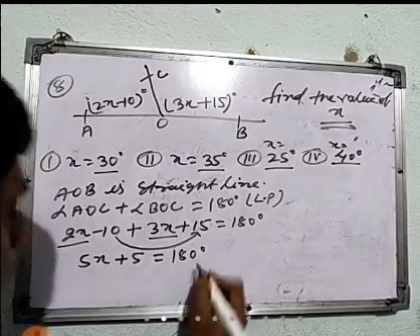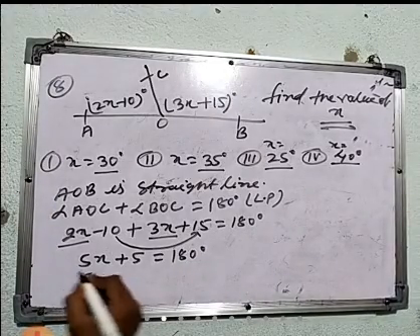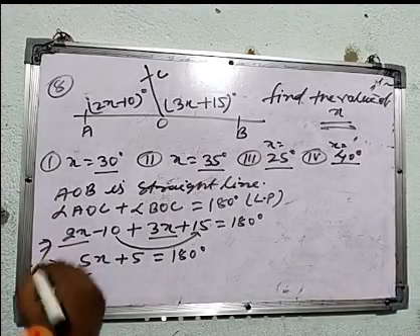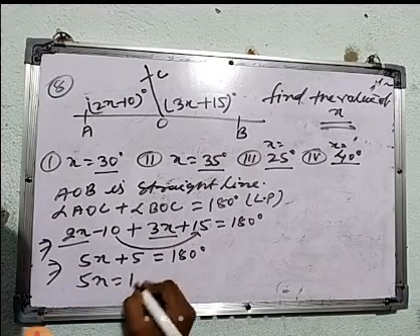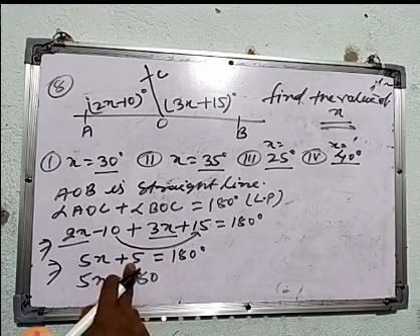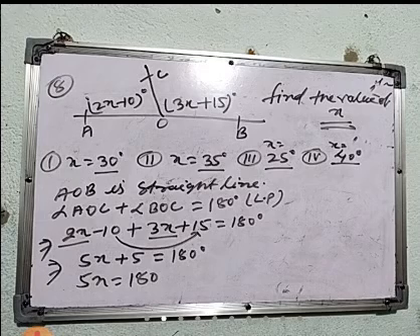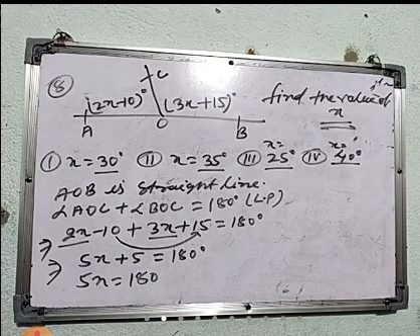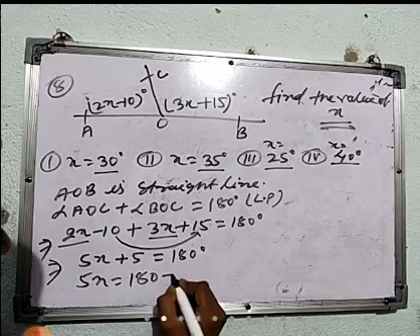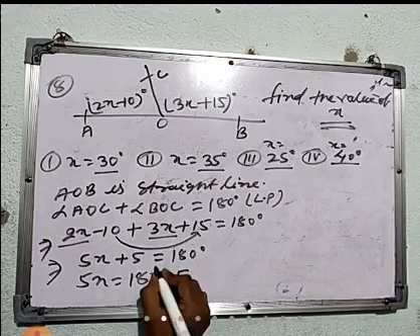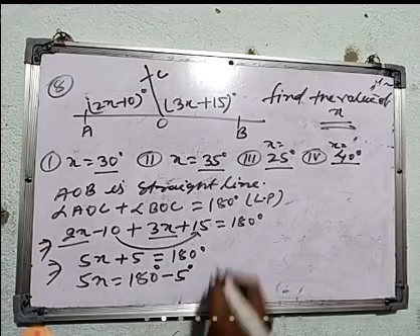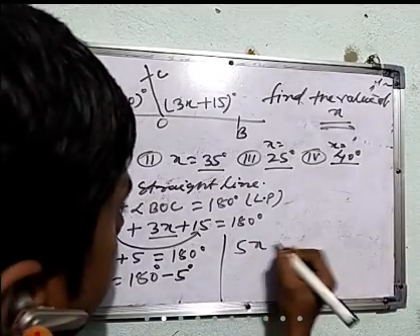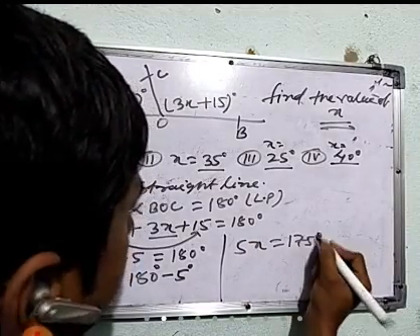Equals 180 degree. Now you write 5x equals 180 degree, and 5 changes its position, so you write minus 5. Now 5x equals 175 degree.